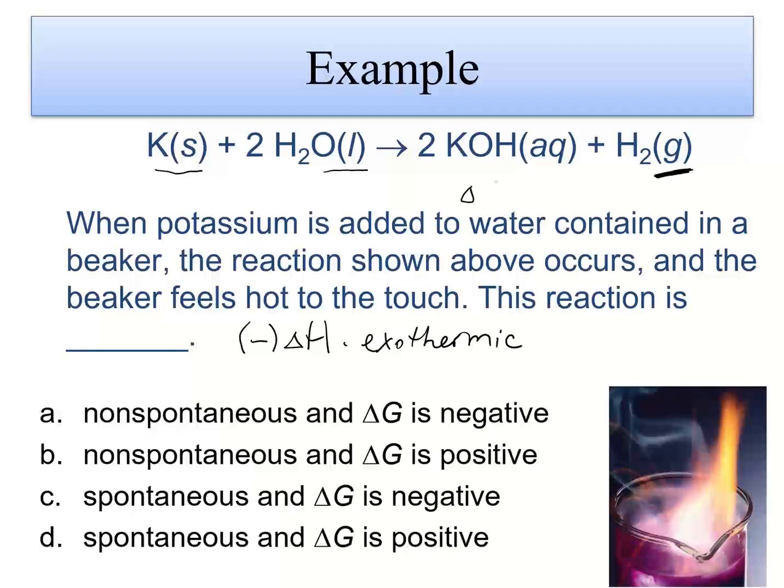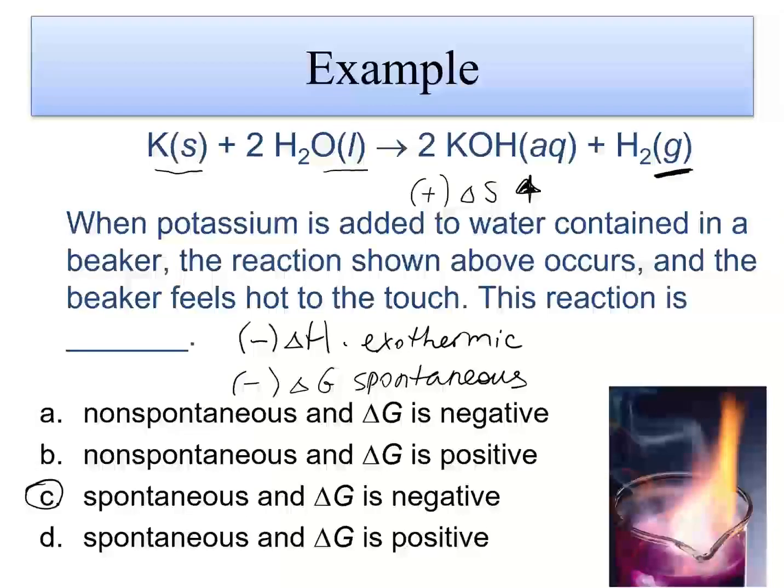So delta S increases, and the sign of the delta S is going to be positive, which also favors spontaneity. So we can conclude that this reaction is going to be spontaneous, and we show this with the negative delta G. So C is the correct answer. Spontaneous reaction, and delta G is negative.